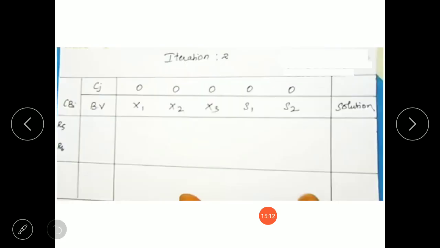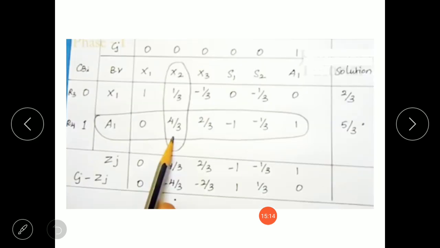So what are the old values? Old values are the values corresponding to x2 in iteration table 1, divided by the key element. Key element is 4 by 3. This is iteration table 1, and what are the old values for x2?